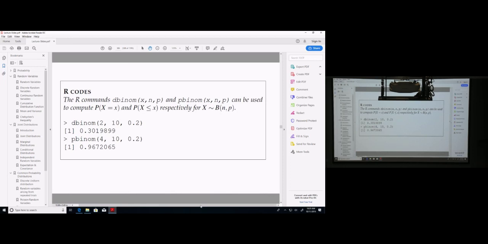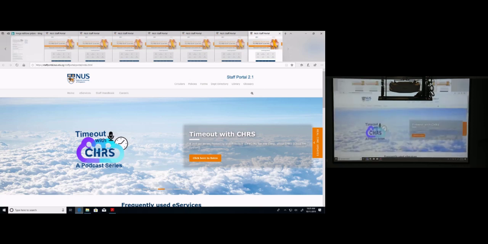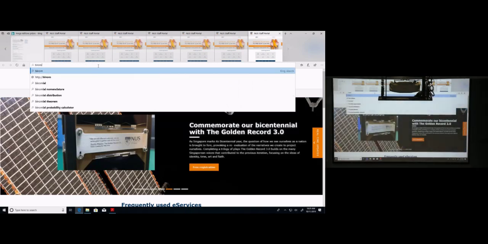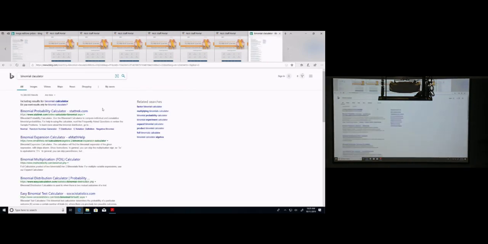Another thing you can do is use an online calculator. This is just a little bit troublesome. You just pick one that you are interested in, and then that would be good.